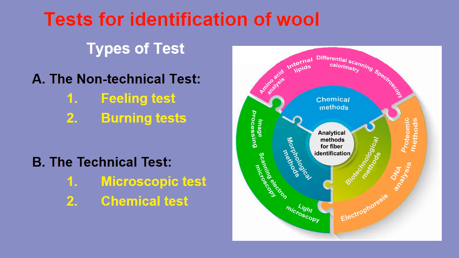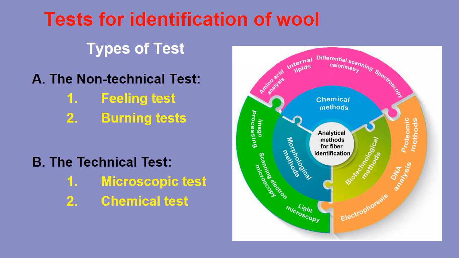By touching and feeling we can understand what kind of fiber it is. Another is the burning test, which is the behavior of burning of the fibers. So these are, I can say, more of subjective type. And there is technical test, which is done through microscopic test or chemical test.